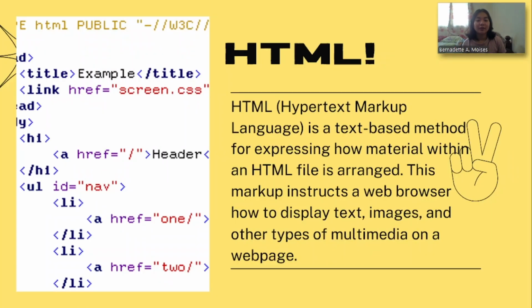HTML, or the hypertext markup language, is a text-based method for expressing how material within an HTML file is arranged. This markup instructs a web browser how to display text, images, and other types of multimedia on a web page. So this language, we're going to use as the structure for creating our website.